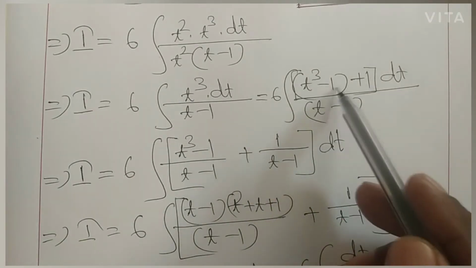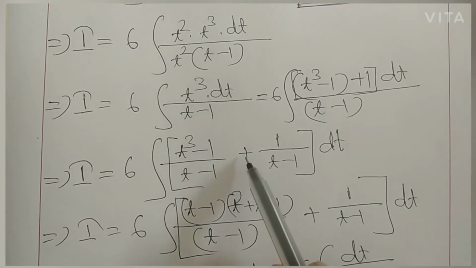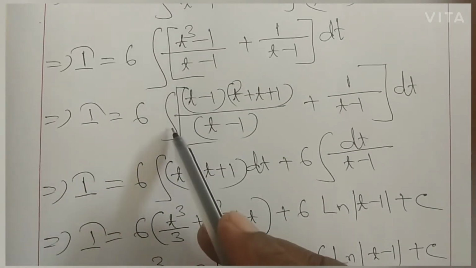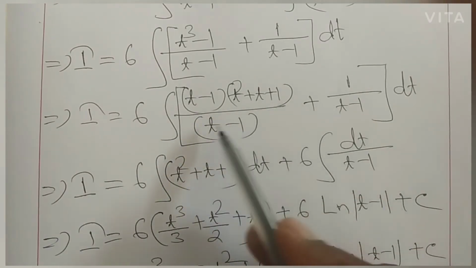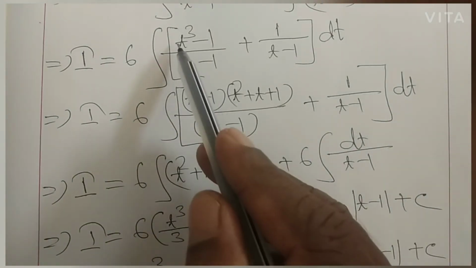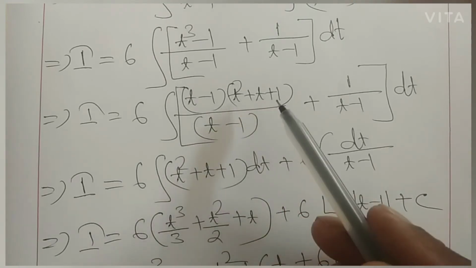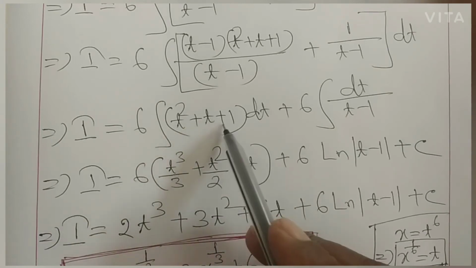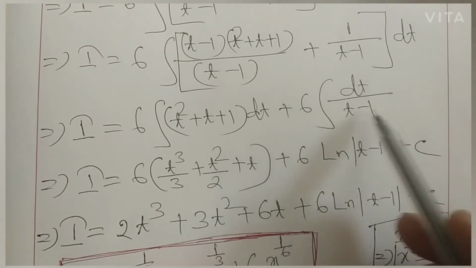Here t cube minus 1 is equal to t minus 1 into t square plus t plus 1. So I is equal to 6 into the integration of t square plus t plus 1 dt plus 6 into the integration of dt by t minus 1.